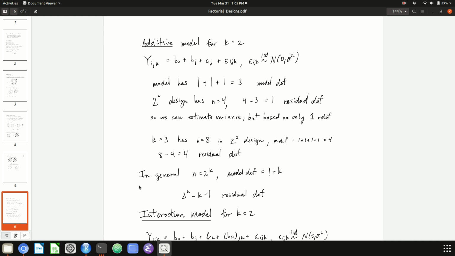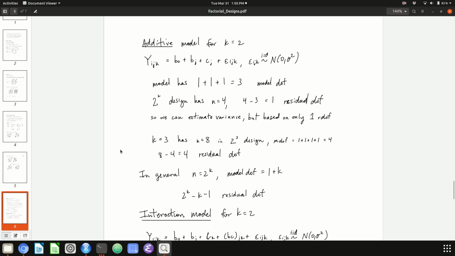The way we usually analyze the data for these screening experiments is we'll fit an additive model with a term for each factor. Try to figure out which are the most important factors, and then if there are any that are unimportant, we delete them and then fit a more complicated interaction model in the remaining factors.